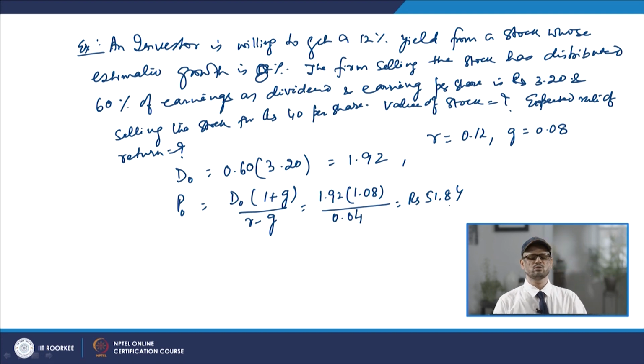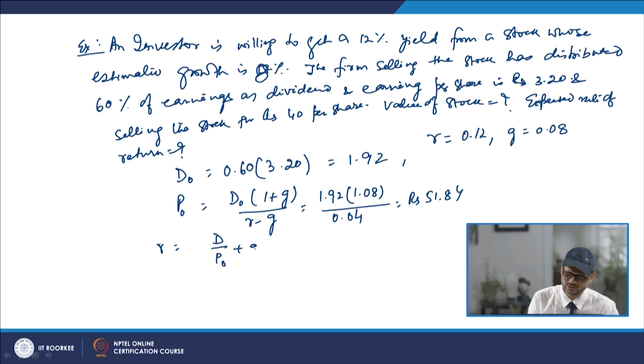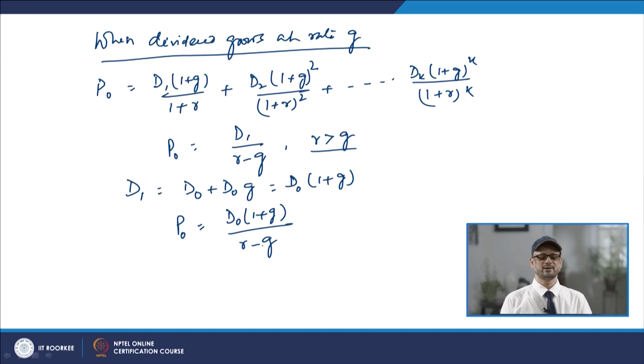Now, if you want to find the expected rate of return, it will be nothing but D by P naught plus G. That you can get from the formula we have already written.